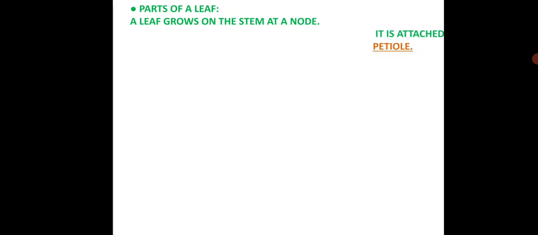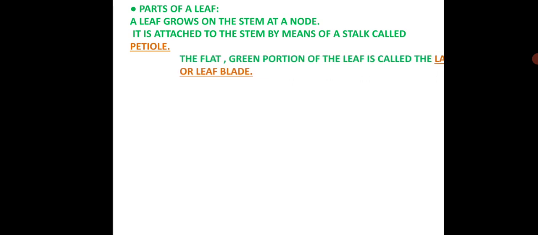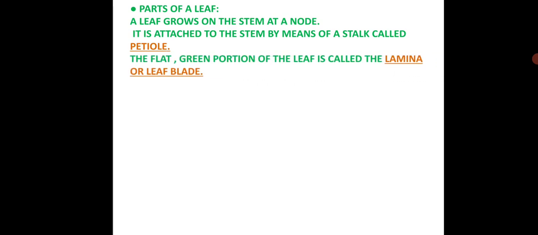Parts of a leaf. A leaf grows on the stem at a node. It is attached to the stem by means of a stalk called petiole. The flat green portion of the leaf is called the lamina or leaf blade.